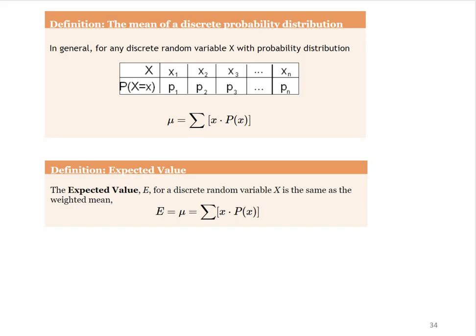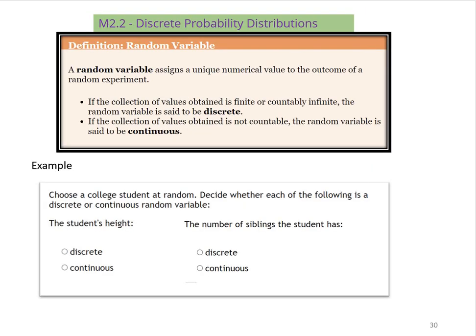In this case, you see this probability distribution. Here, the collection of values obtained from a finite or countably infinite random variable is said to be discrete. It means the values are discrete values. So that is why it is called a discrete distribution.